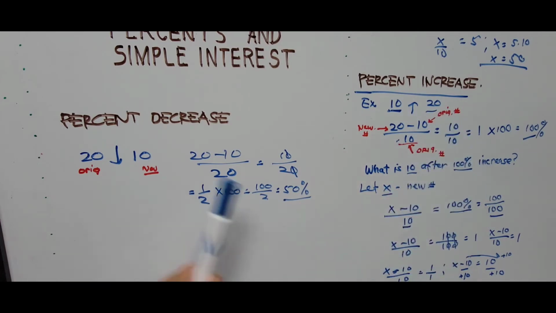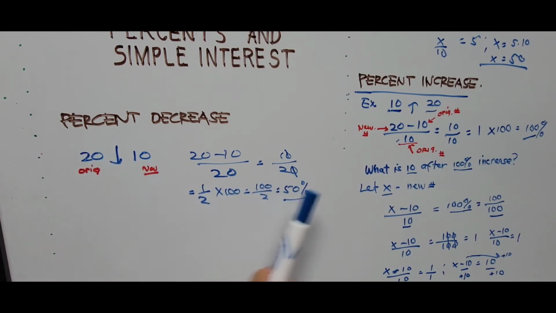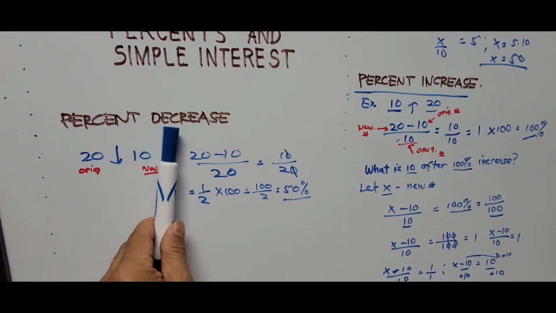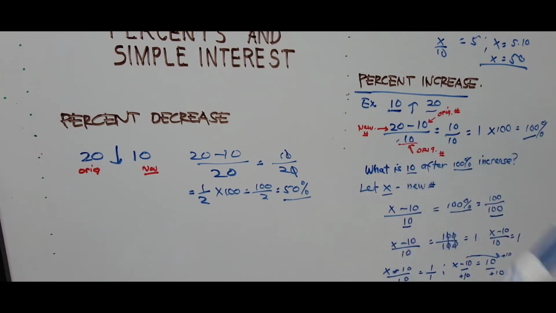Percent increase and percent decrease, even though we're talking about the same set of numbers, 10 and 20, is a big difference. 50% decrease, and the other one, that's 100% increase. It's very important to point that out.